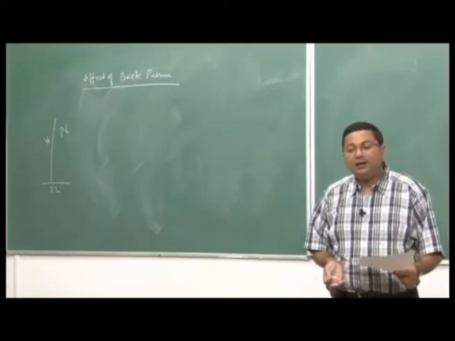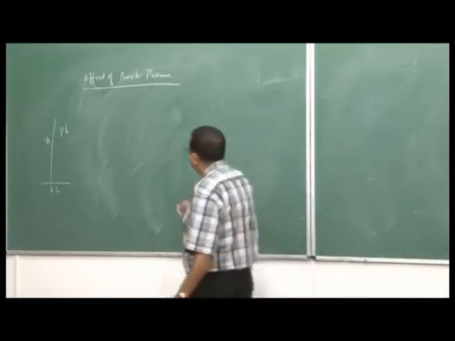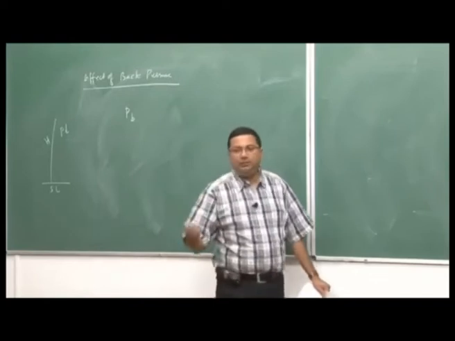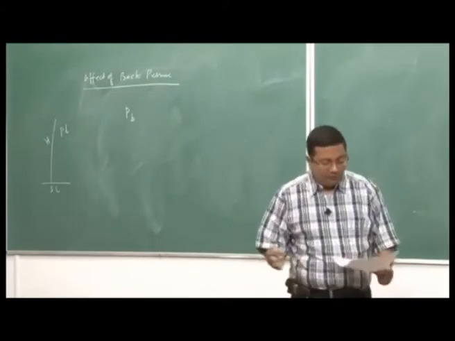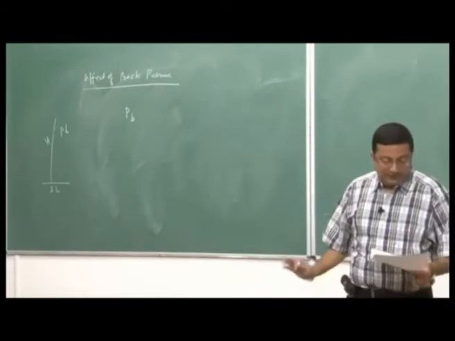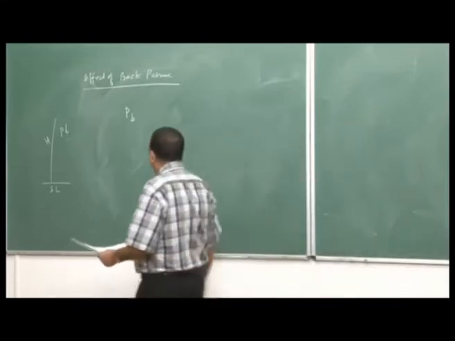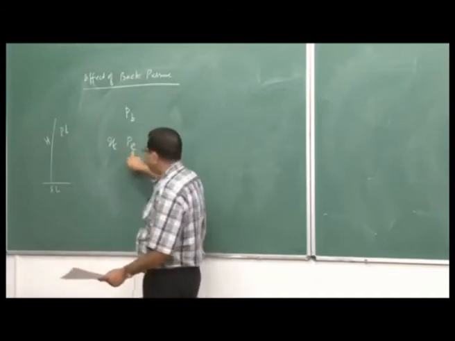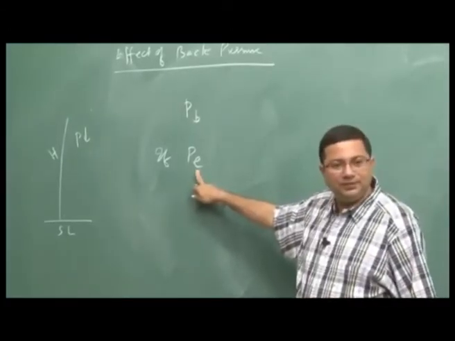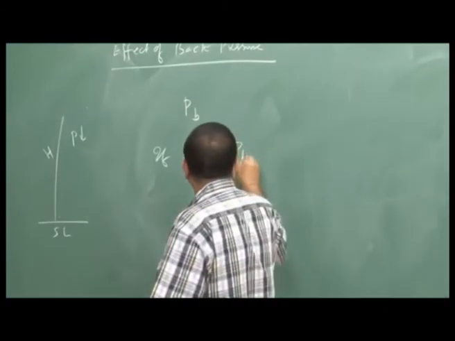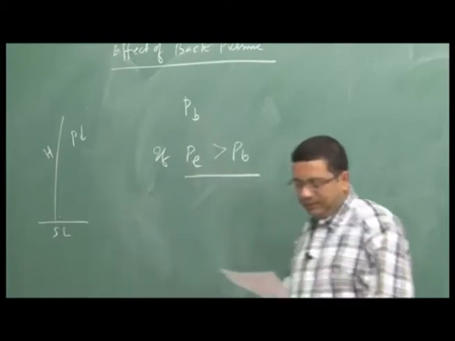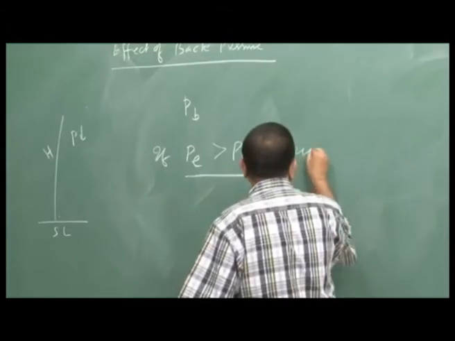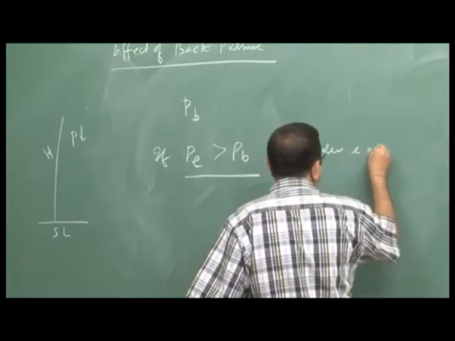Now, if you have designed for a particular back pressure Pb, and you have to operate at another back pressure, how is the performance going to be affected? It has a significant effect. For example, if our exit condition, this is fixed by our design, is greater than Pb, right, this is an under expanded nozzle that we have discussed.